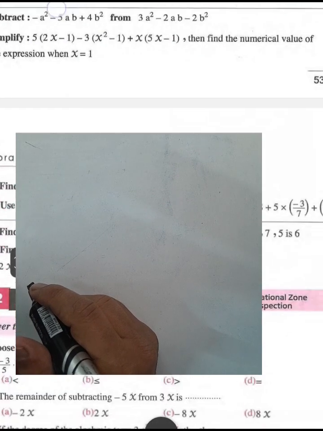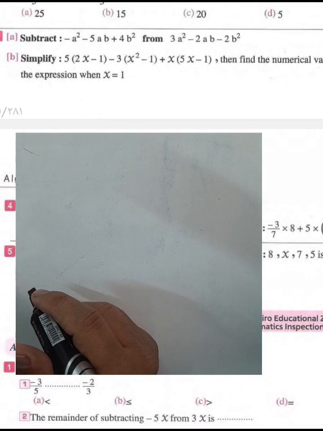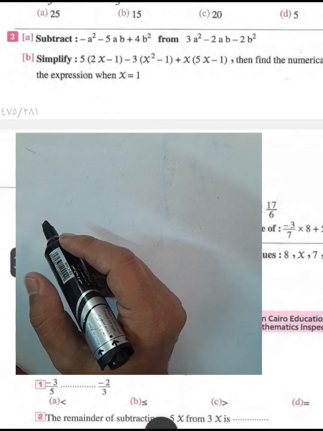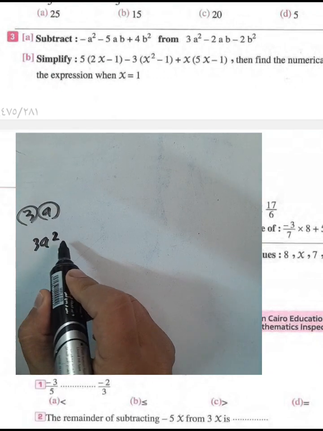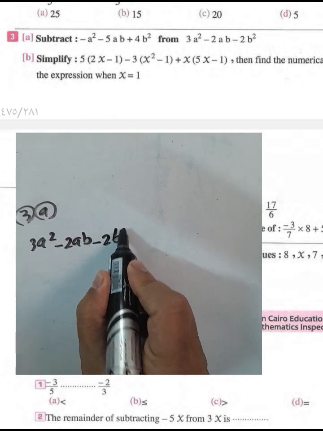Question number 3. Subtract this expression from another expression. We can find the difference between them. Write the minuend first. The minuend here is 3a power 2 minus 2ab minus 2b power 2.